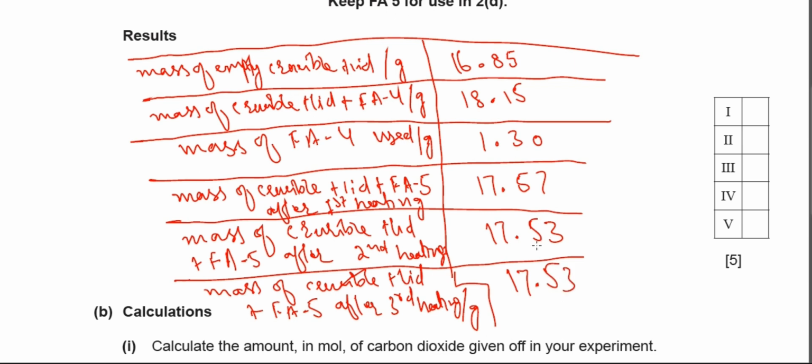When all of the heating is complete, now you have to take two further readings, which are the mass of FA5 and the mass loss. By subtracting this value from this value, understood? When you subtract these, you will get the mass of FA5, and when subtracting the other two, you will get the loss of mass as well.